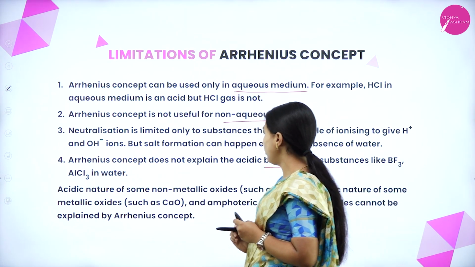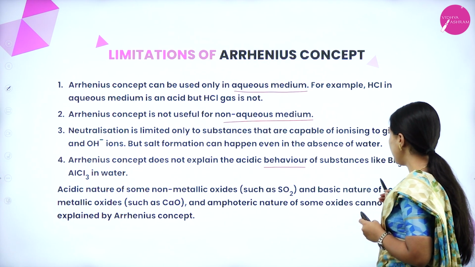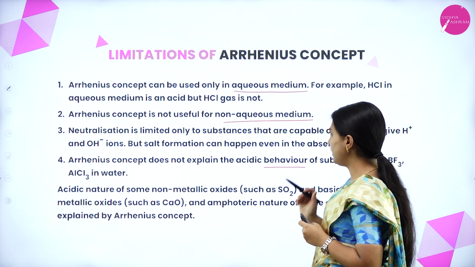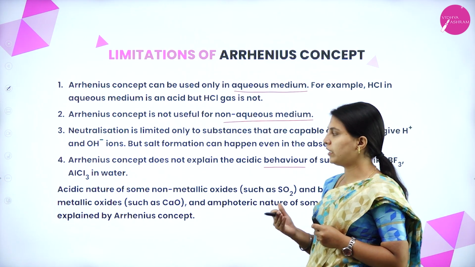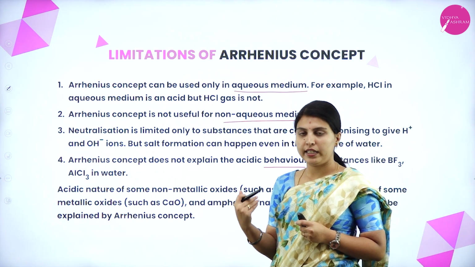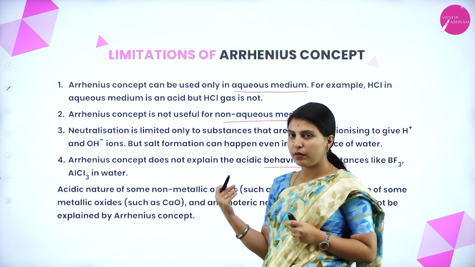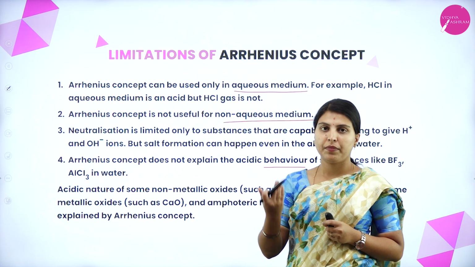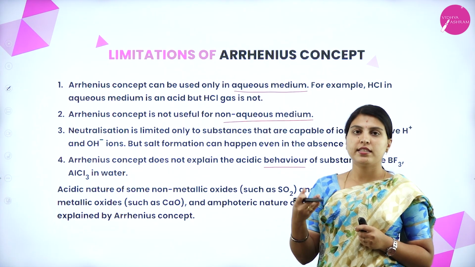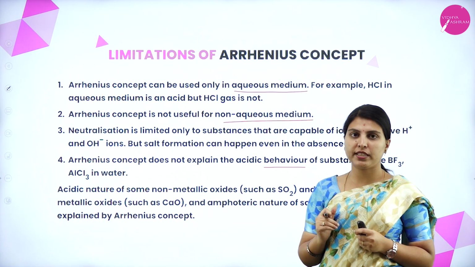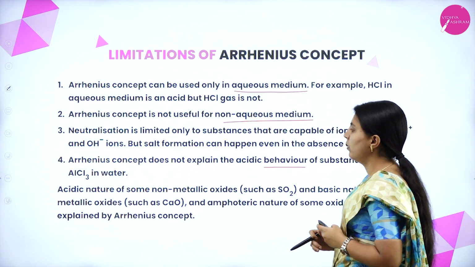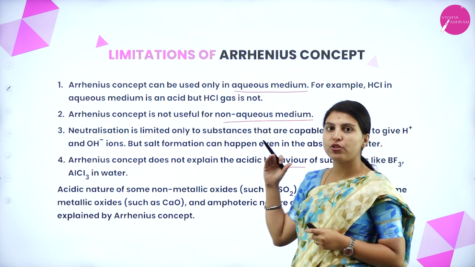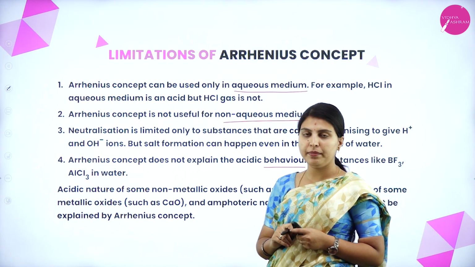The acidic nature of some non-metallic oxides, the basic nature of some metallic oxides, and the amphoteric nature of some oxides cannot be explained by the Arrhenius concept. Okay. These are the limitations of the Arrhenius concept.